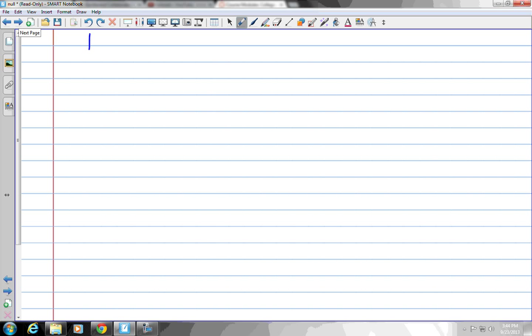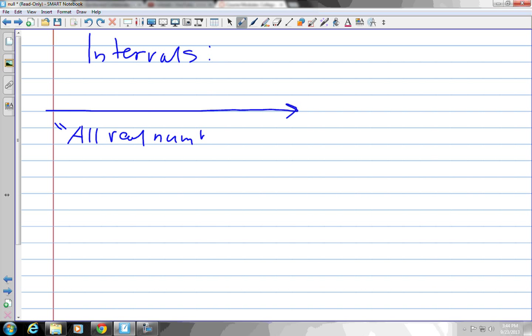Now, if I go back to the number line, I can also identify the intervals on the number line. So here's the phrase: all real numbers greater than 2.